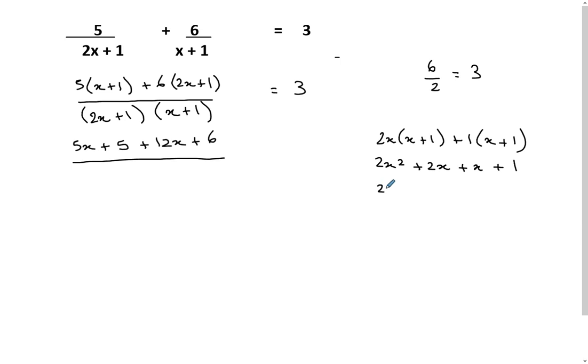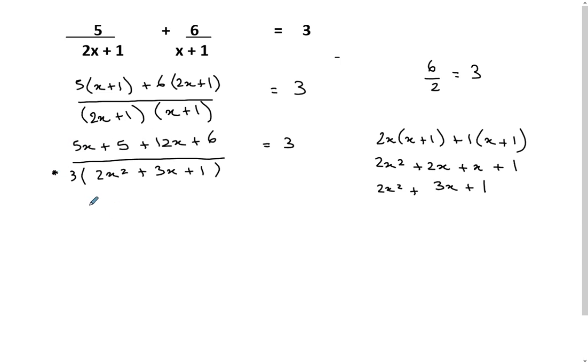So you get 2x squared plus 3x plus 1. Okay? So that's what we have here. Equals 3. And then in order to apply that format, I'm going, that is equal to that times the 3. So I'll just put the 3 there, so to remind me.